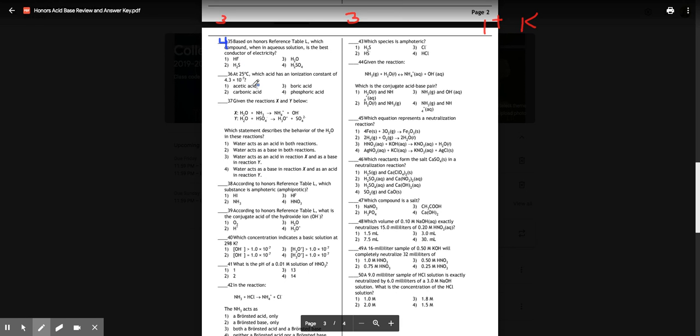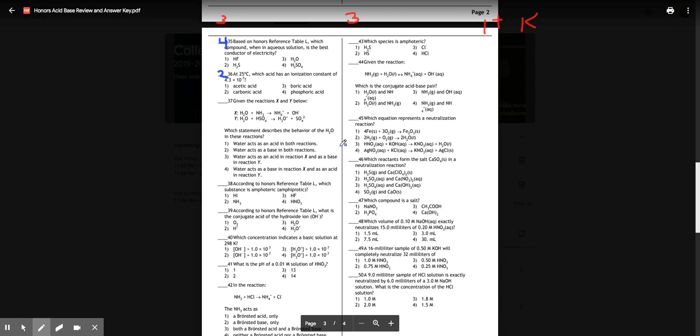Who has that value on honors table L? So I'm going to find it. Okay, it's a little below halfway. CO2, that's carbonic acid. How did I know that? You say, oh, there's carbon dioxide. Well, when it's in aqueous solution, it's called carbonic acid. So that's a combination of honors reference table L and regular reference table K to figure these out.